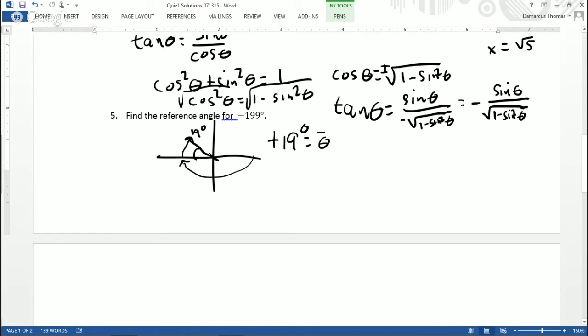It terminates right there, just past. This angle from here to here is negative 199 degrees, and we know the reference angle is the angle you form a right triangle with the x-axis. So that distance there is just 19.